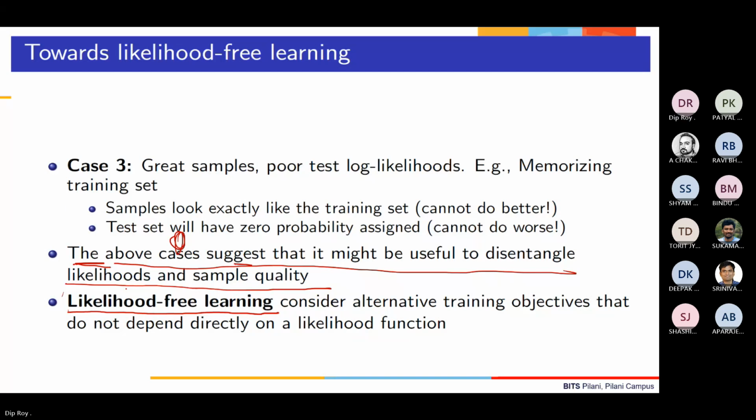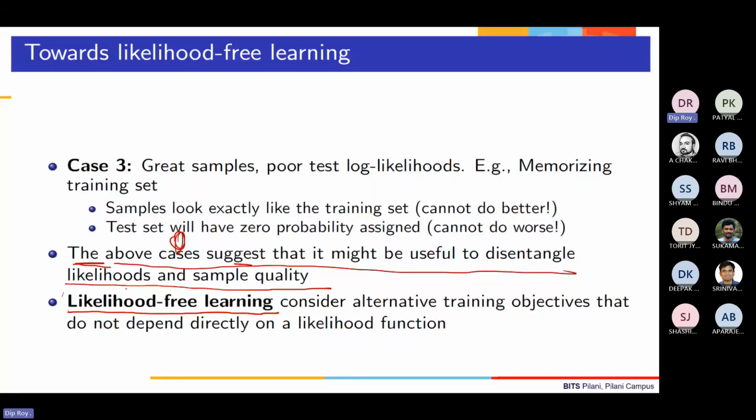So we started by saying that whatever generative models we studied till now, they either had direct access to the likelihood or indirect access to the likelihood. But we now wanted to move away from likelihood based training.